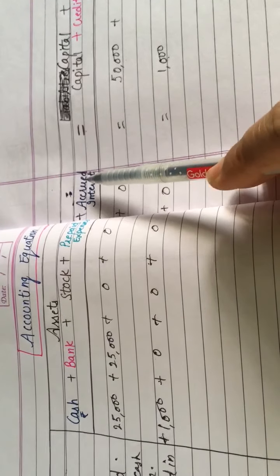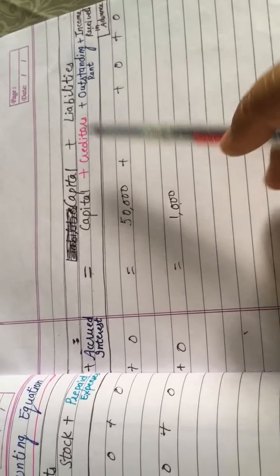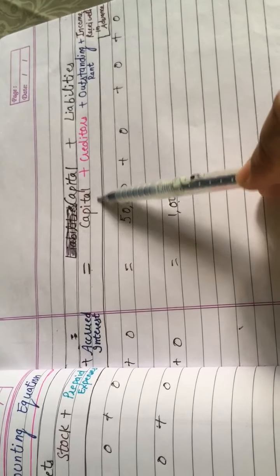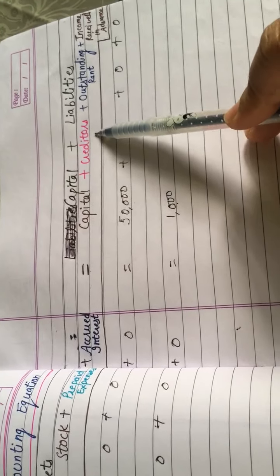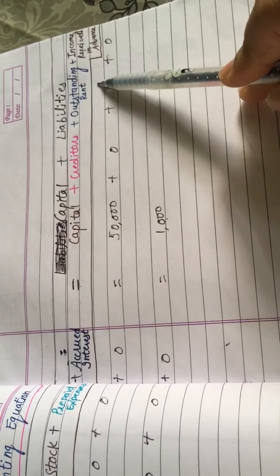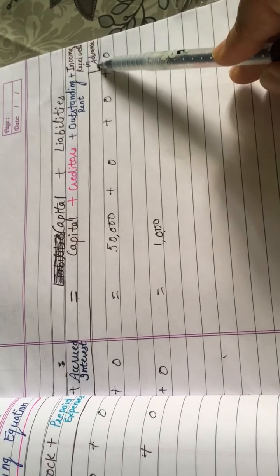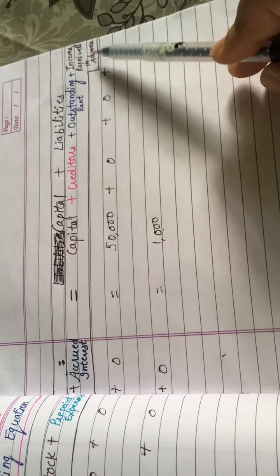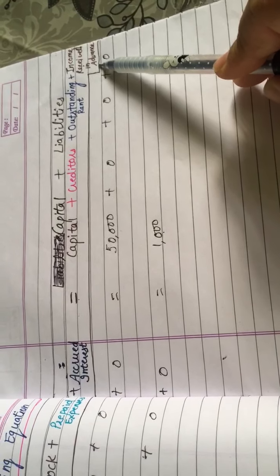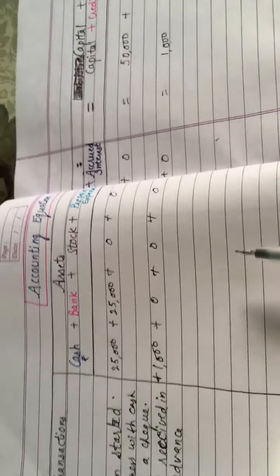Accrued interest, which means accrued income, is also an asset for the business, and liabilities plus capital means capital plus creditors. Creditors is our liability. Outstanding rent, which means outstanding expenses, is also a liability for the business, and income received in advance, which we have not earned but received in advance, is a liability of the business. So these are the assets and liabilities.